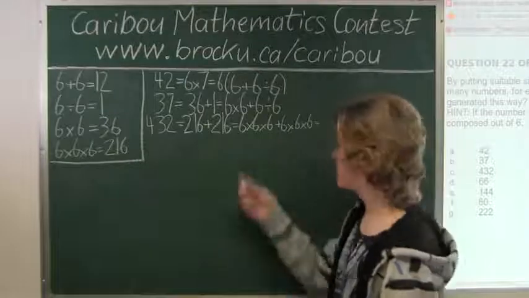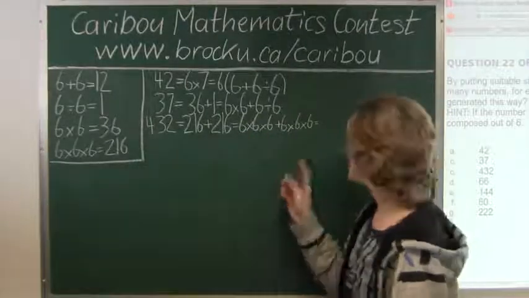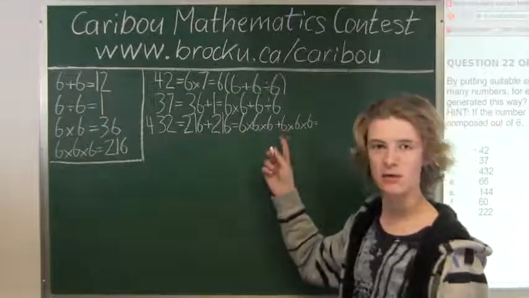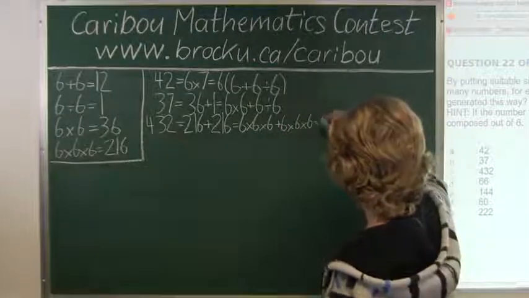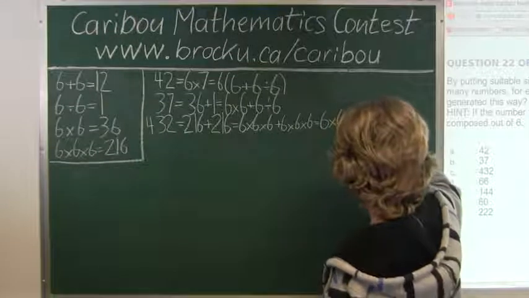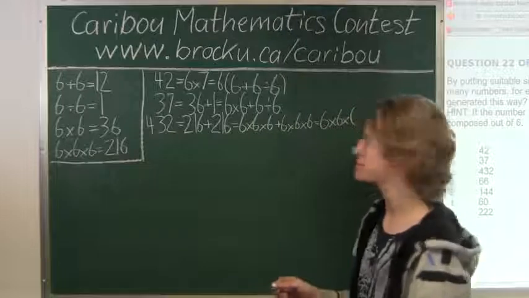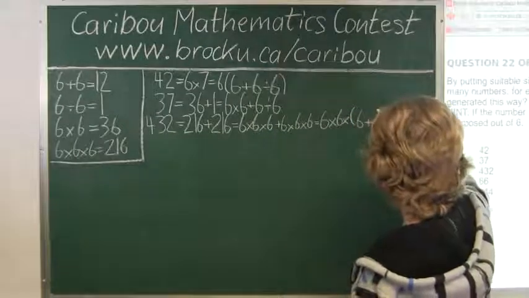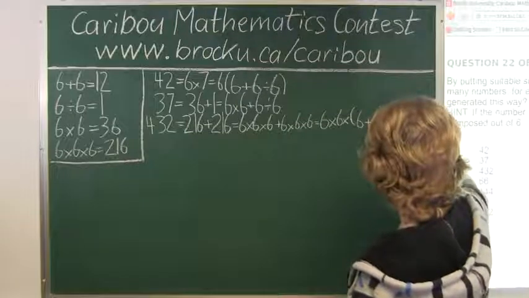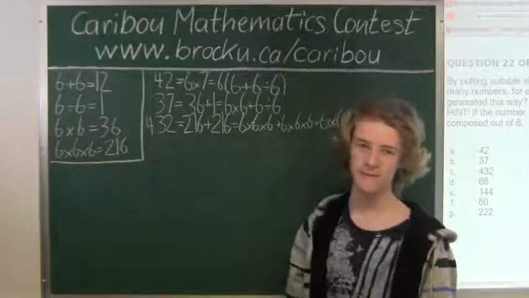So as you can see, we have 6 6's here, but we can only have 4. So we can easily cancel out 2 6's by using the distributive law, which would be 6 times 6 times, in brackets, 6 plus 6. So we know we can obtain 432 using 4 6's.